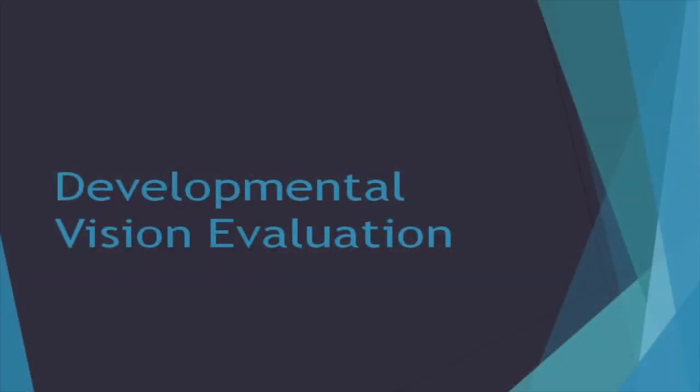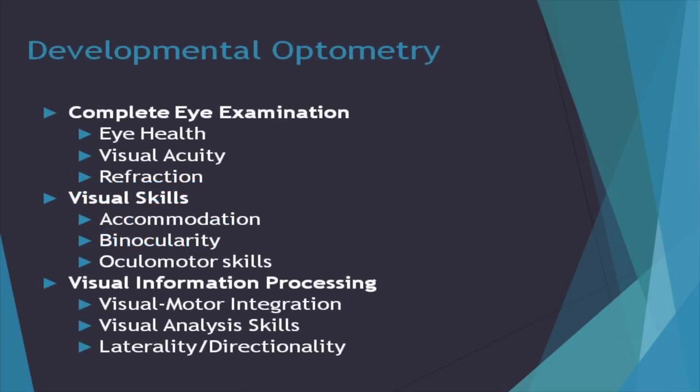So developmental visual evaluation. I definitely recommend routine eye exams. We have to start somewhere. We have to make sure the structure is functional. The structure is functional, it leads to good function. So eye health, visual acuity, refraction means, do you need glasses? Are you nearsighted? Do you have astigmatism? Are you farsighted?